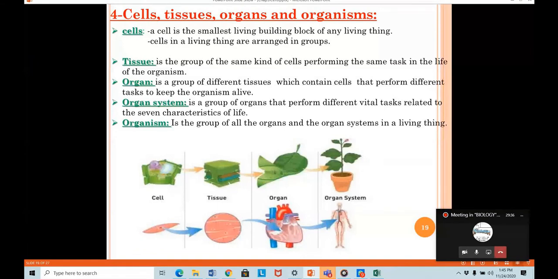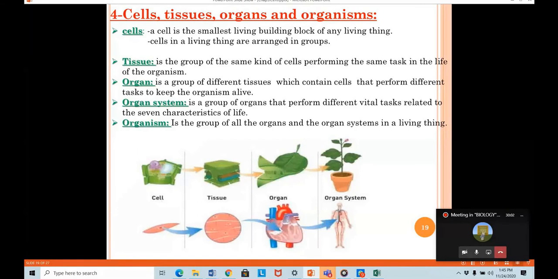Cells. A cell is the smallest living building block of any living thing. Cells in a living thing are arranged in groups. Tissue is the group of the same kind of cells performing the same task in the life of the organism.